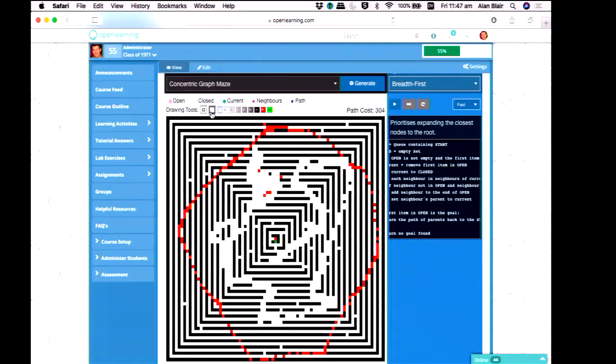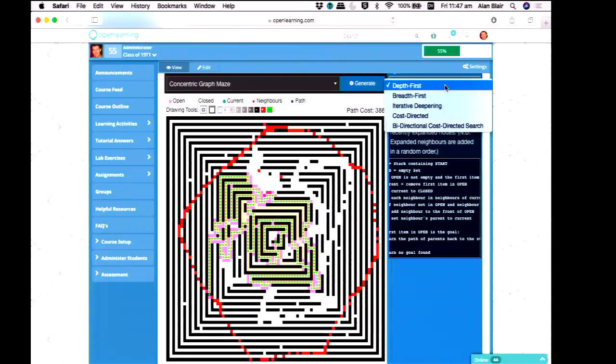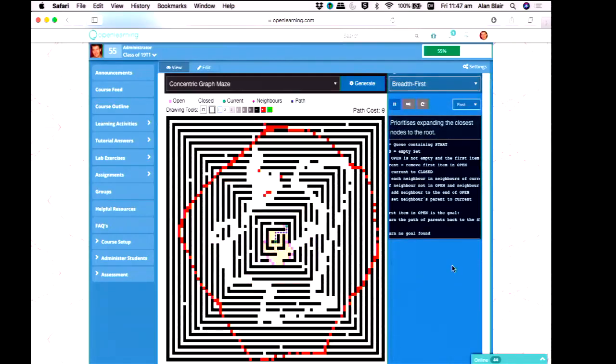I better remove that goal in the middle, because otherwise it'll just find it. Okay. So you can create your own maze and then have a go with this. Depth first search can find any one of these red goals, and they're all equally good. And this is breadth first search on the same problem. Okay, it found that solution there.